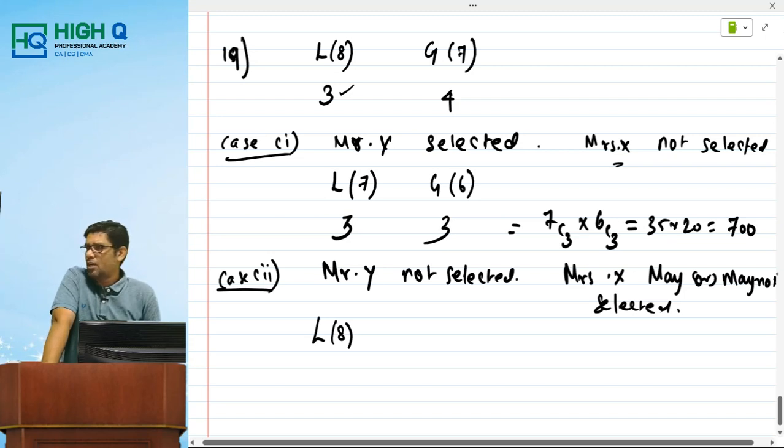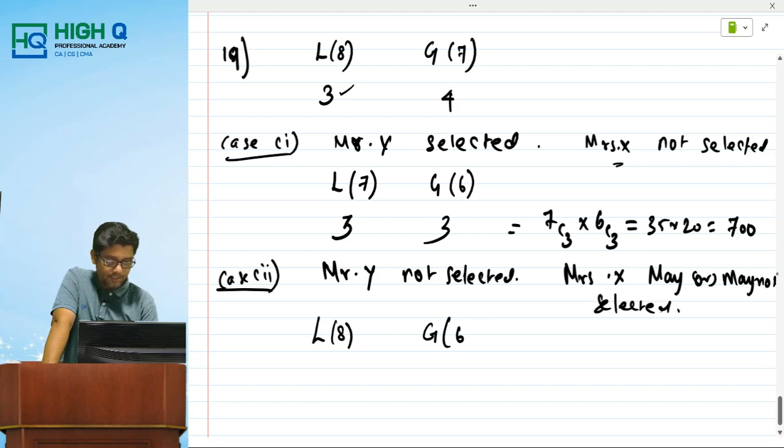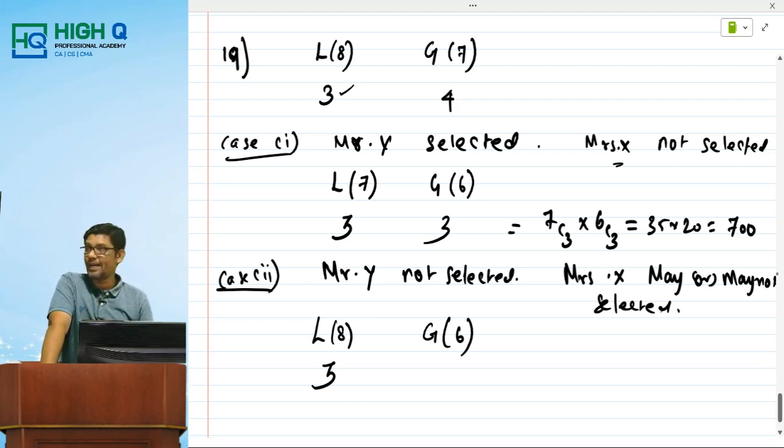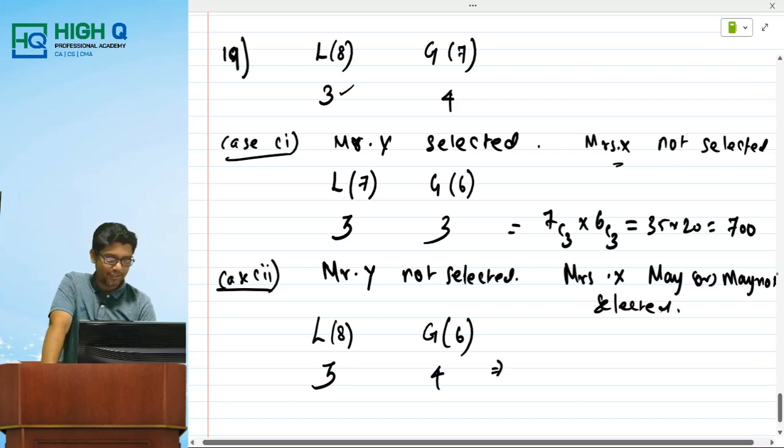Because we are not reducing anyone, so all 8. But the gentlemen? 6 only. How many ladies to be selected now? 3. Because any 3 can come out of 8, because here can we include Mrs. X or not? Yes, we can include, but not necessarily we have to include. How many gentlemen to be selected?